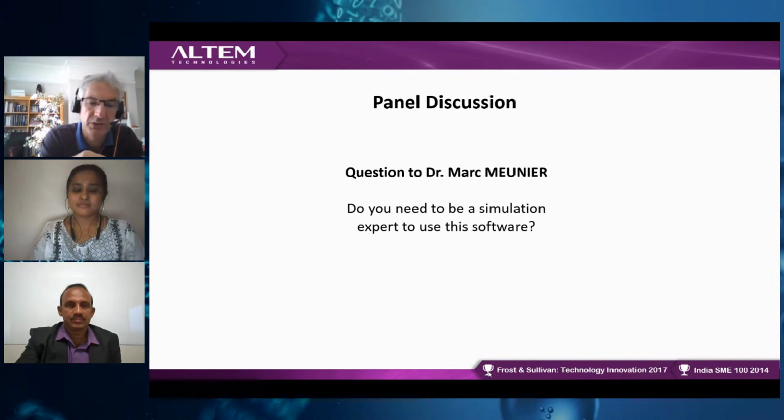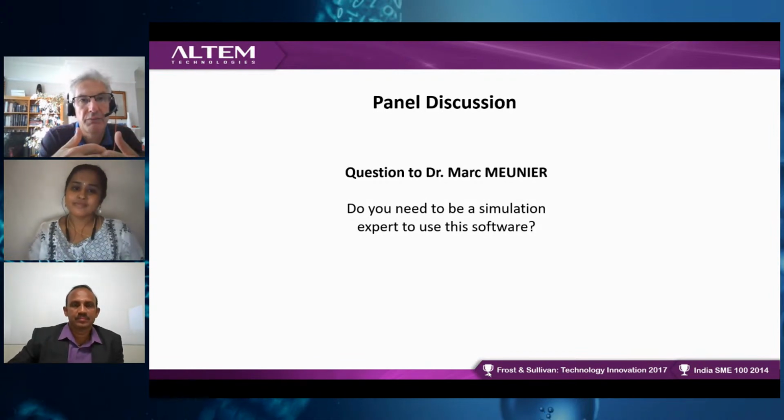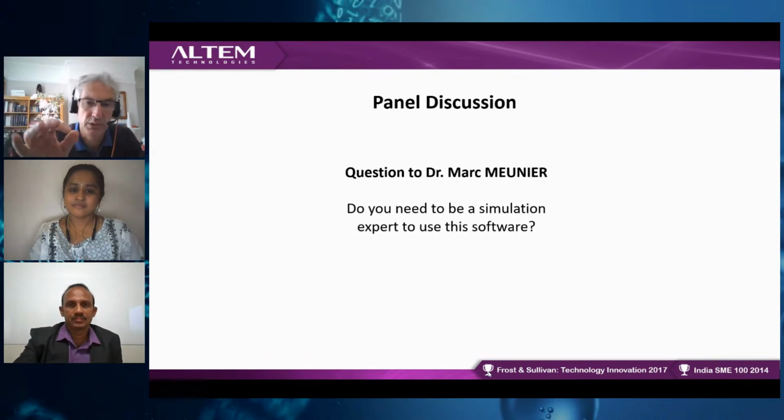But once the workflow, how to compute these properties, is well defined, then it is made available to the rest of the chemists who are not simulation experts, where they can just draw their compound and click a button and say, give me the hydrogen abstraction propensity, and that's it.